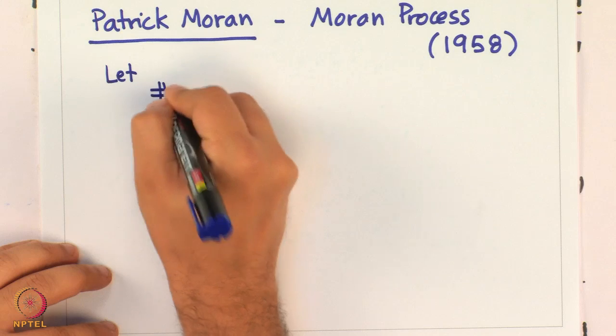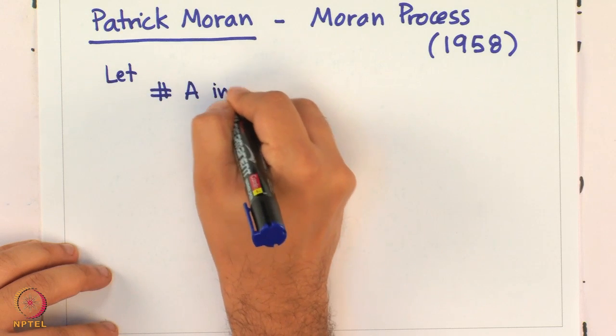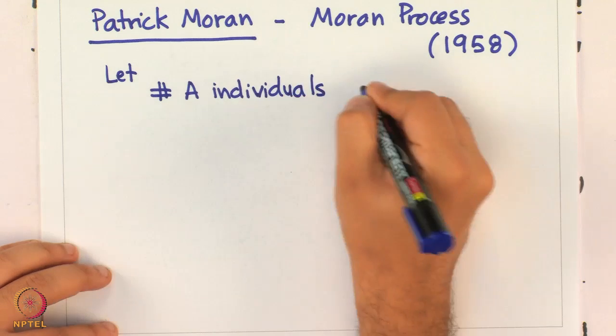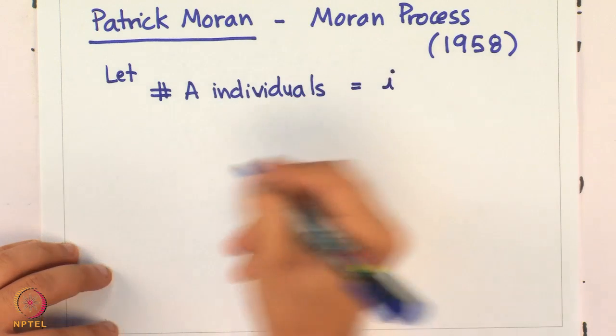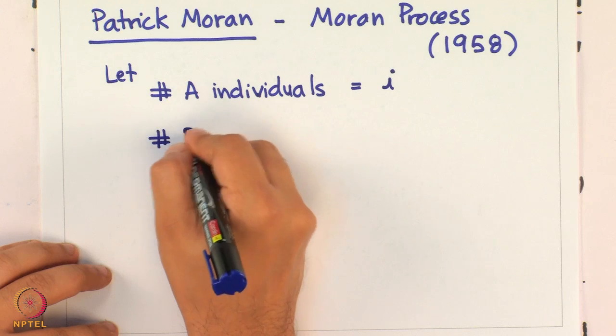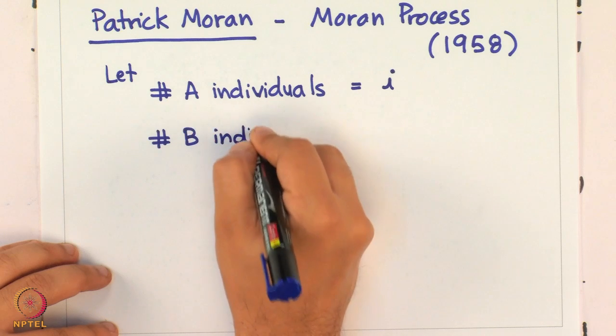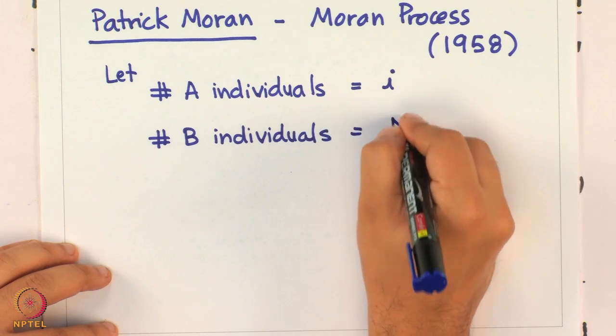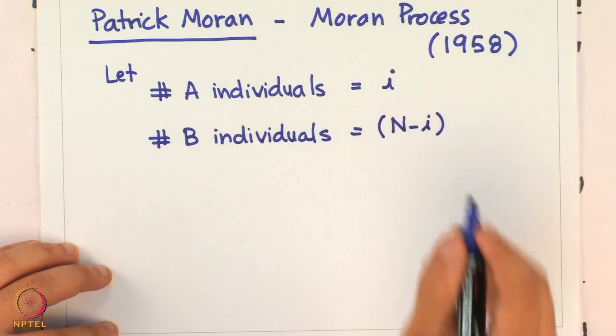Alright. So let us discuss this process, and again we will start with giving a quantitative aspect to the steps that we have just discussed. Let the number of A individuals, A is one of the 2 genotypes that are present in the environment, be equal to I. That automatically means that the number of B individuals in the population is equal to n minus I, right?